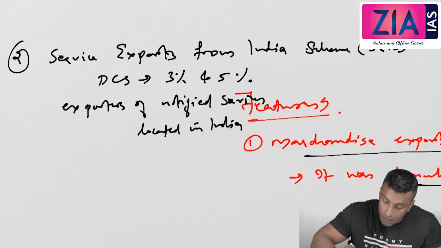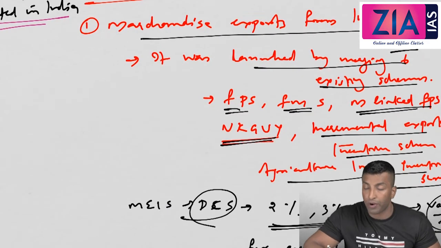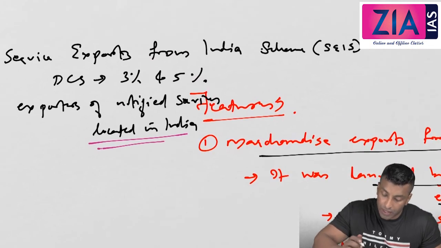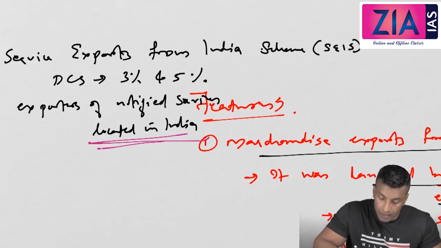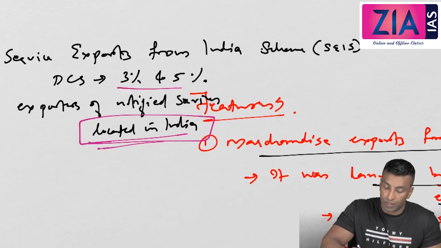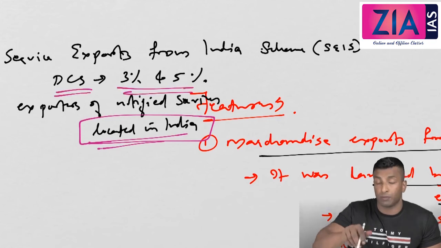This is the key word here. Here it was notified products to notified countries, no problem. Here it is notified services located in India. So 3 and 5% of duty credit script of the total exports.